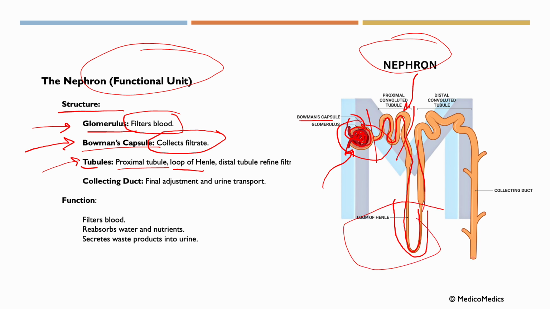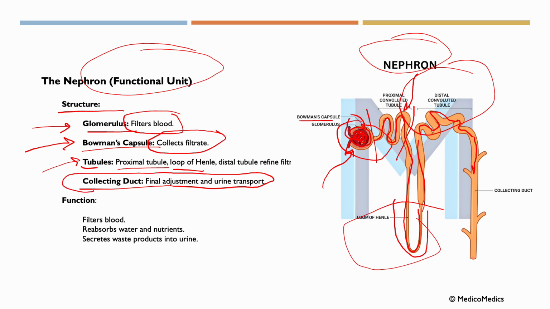We then enter the distal convoluted tubule until we finally arrive at the collecting duct. And this is where final adjustments and urine transport occur.